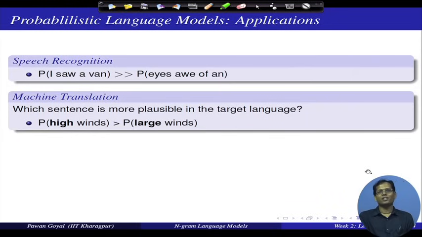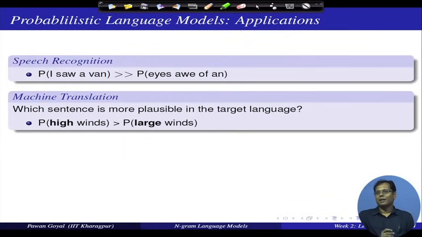Similarly, in machine translation, there is a problem of collocations, that certain words, even if they are correct translations, do not occur much in the language in the context of other words. Like if I have the word winds, and before that as an adjective I can put either high or large.